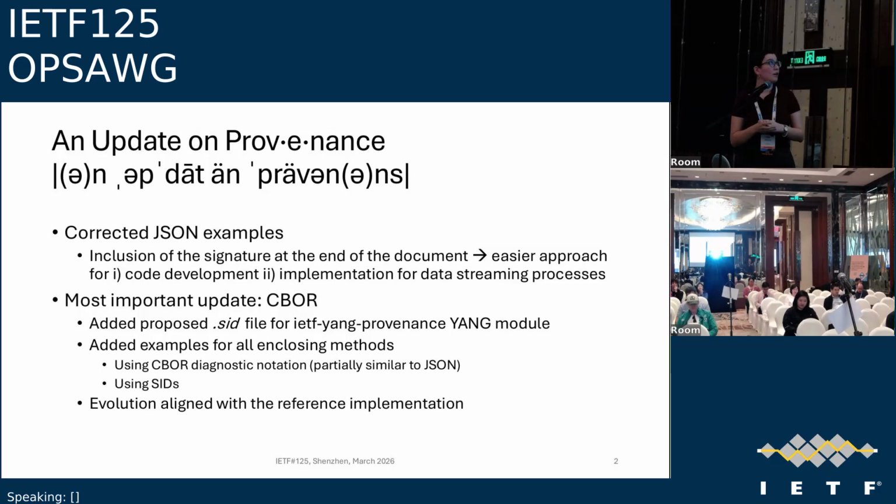We had put our signatures at the top level of the document, and we changed it to the end of the YANG data documents that we are signing. It is better for the code development of the reference implementation, and it was the first approach we used.